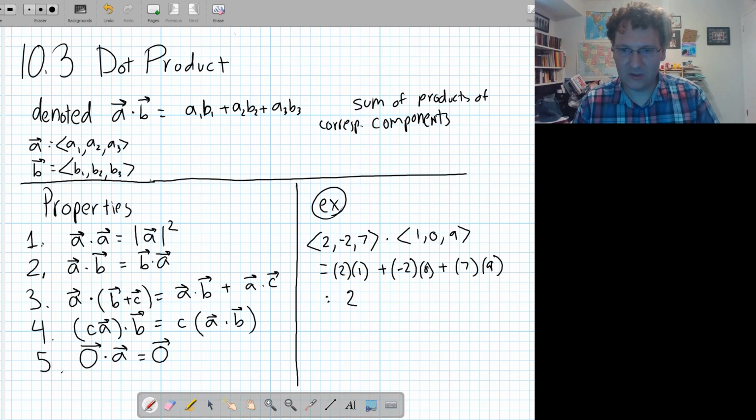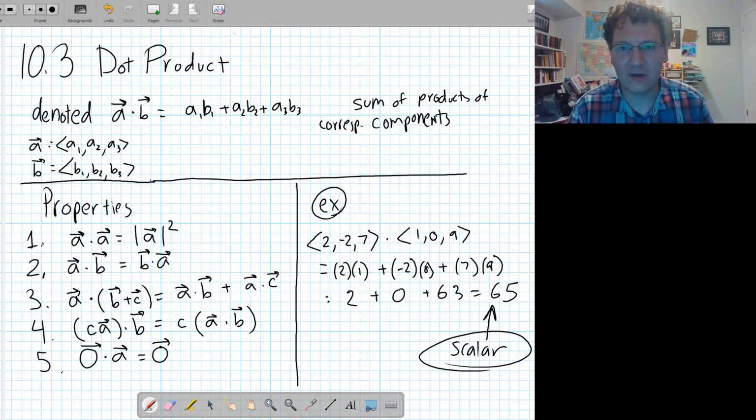So this is going to be 2 plus 0 plus 63, so that comes out to be 65. So the dot product is a scalar. It always gives you a scalar as your answer. The dot product does not give you a vector. The dot product is a scalar. The dot product has some very useful interpretations, and we'll see those shortly.